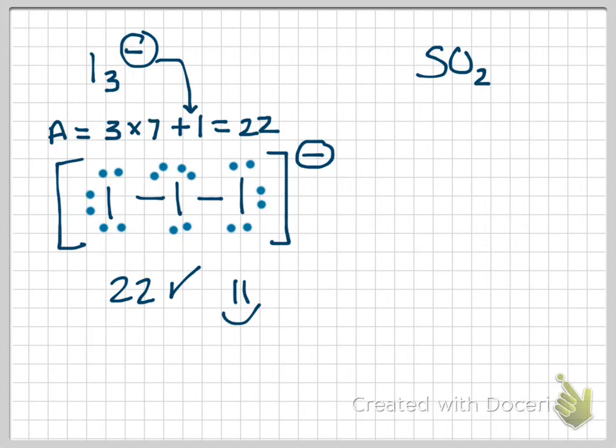So here again, we're going to do available 6 for sulfur and then 2 times 6 for each oxygen. So that gives me a total of 18 available electrons. Sketch it. Sulfur will be central.